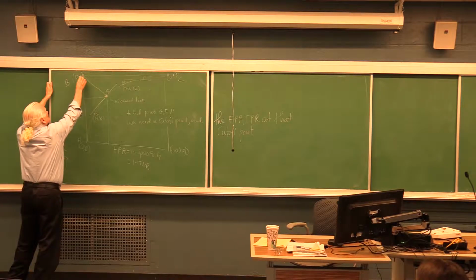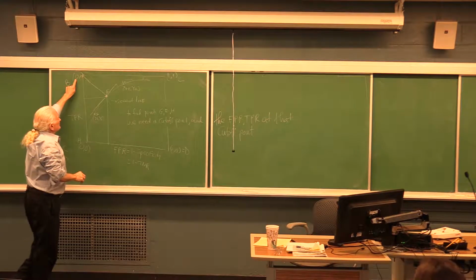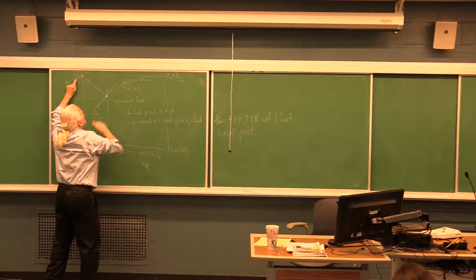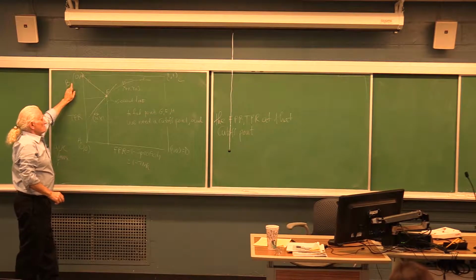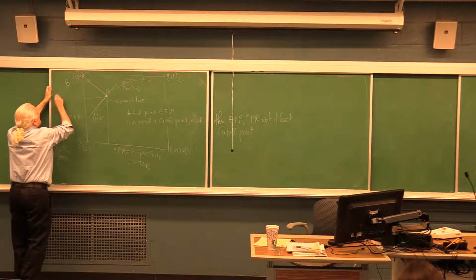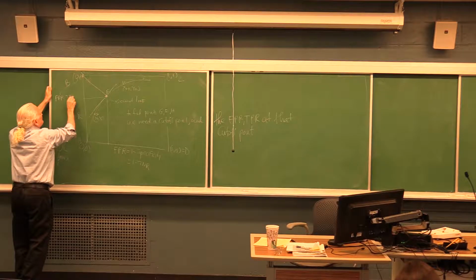What is the meaning of this point right here? Each point on the ROC is a pair: the first number is FPR and the second number is TPR.